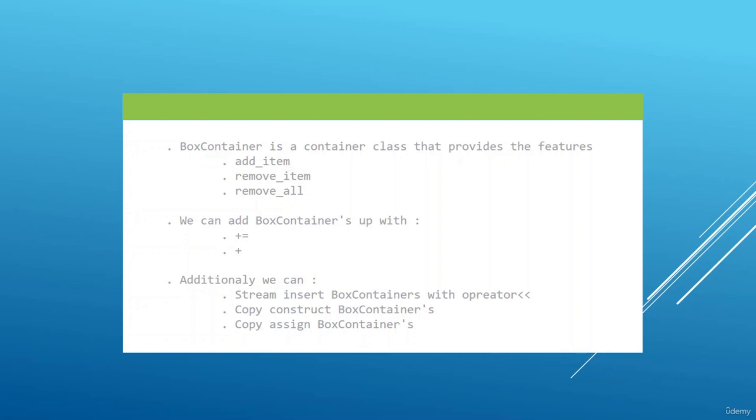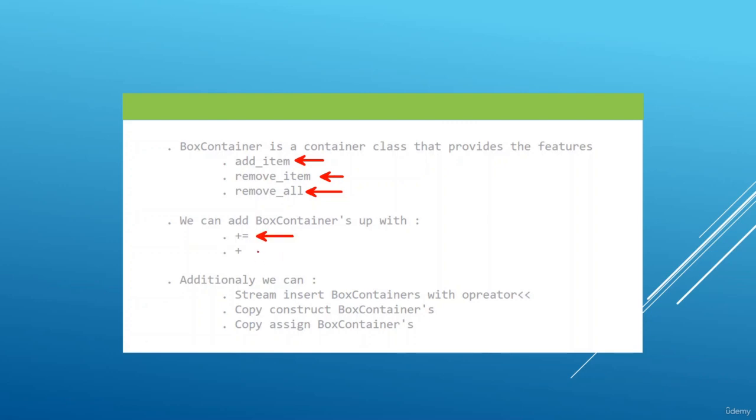For example, we want to have the ability to add items or elements in. We want the ability to remove a single item, and we want the ability to remove multiple instances of a single element, and we can set up a remove all method to do that for us. We also want to support a bunch of other operators.